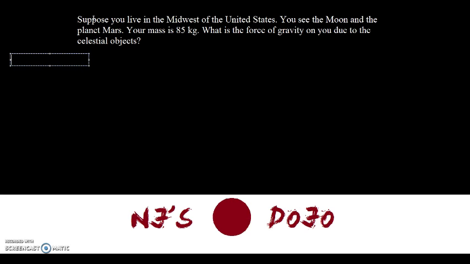So the internet would say that the mass of the moon would be equal to 7.35 times 10 to the power of 22 kilograms.